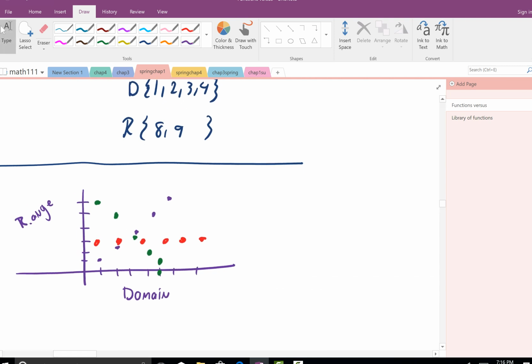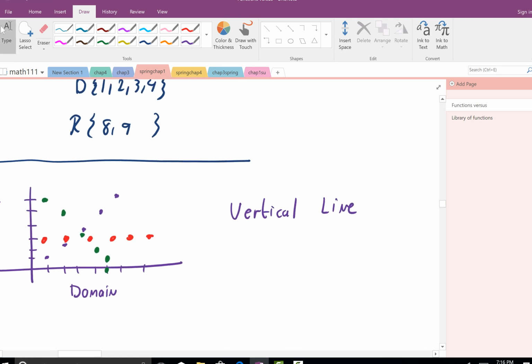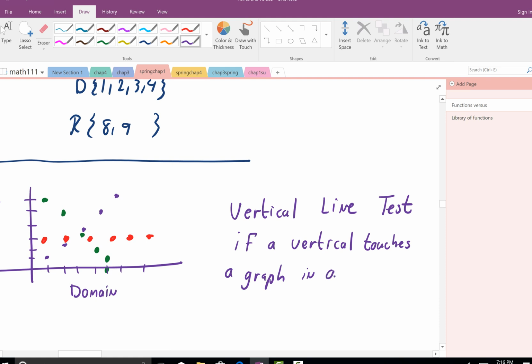So the vertical line test basically says, okay, if a vertical line touches, intersects, passes through, whatever you want to put there, it makes sense, a graph in only one point, one spot, then the graph is a function.